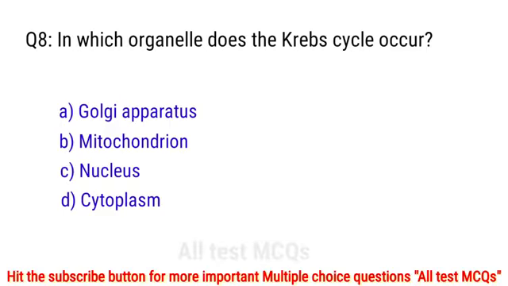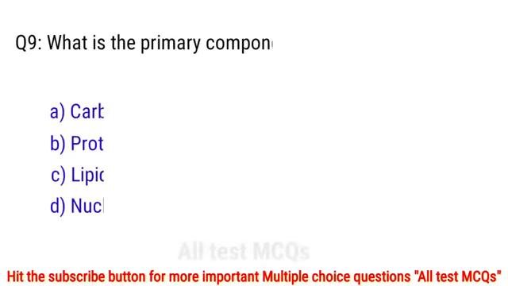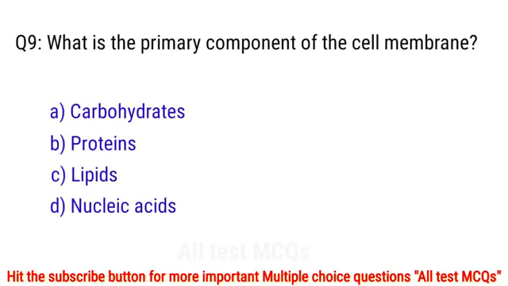The right answer is option B, mitochondria. Question number 9. What is the primary component of the cell membrane? The right answer is option C, lipids.